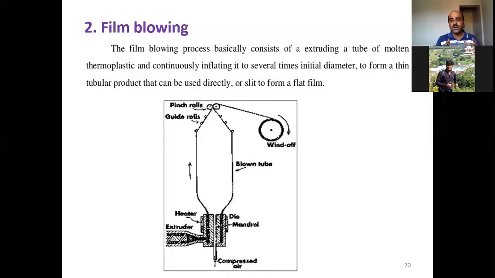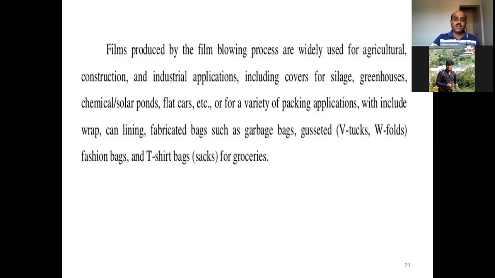So you need to have very thin shaped tubes, which can be directly used as tubes, or can also be used as a flat film. So this is what we call film blowing. This is similar to extrusion. Only the small thing you can change here is inflation.